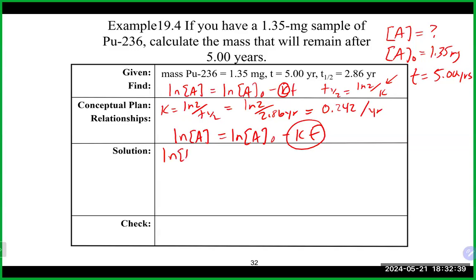The natural log of our final is going to equal the natural log of our initial, which is 1.35 milligrams, minus our decay constant of 0.242 reciprocal years times 2.8 years. Years will cancel, and that will leave us with milligrams when we're all said and done.